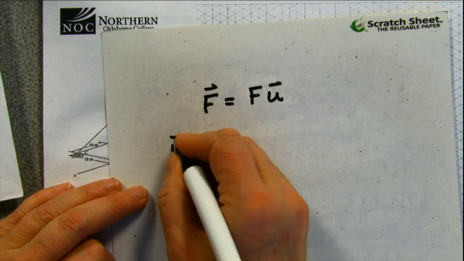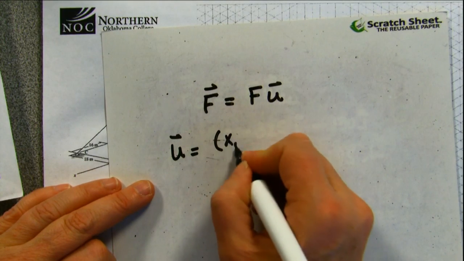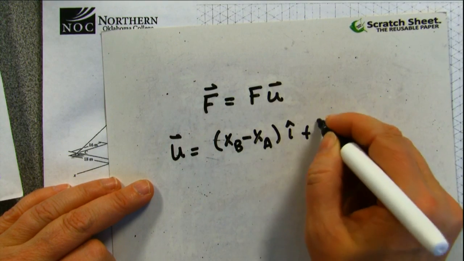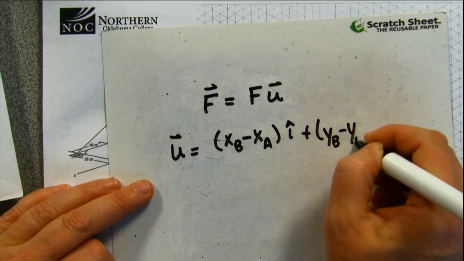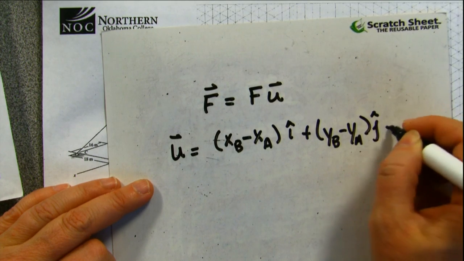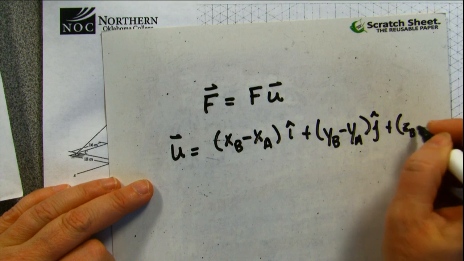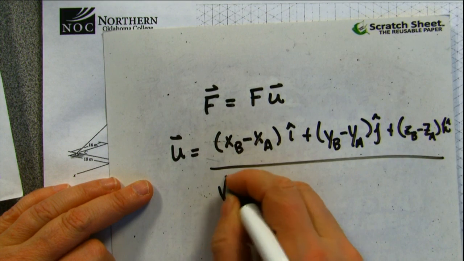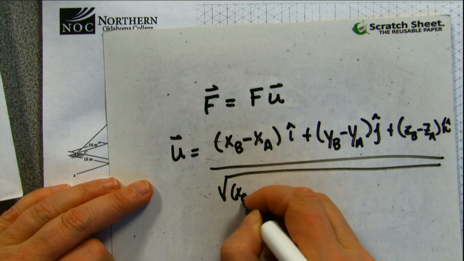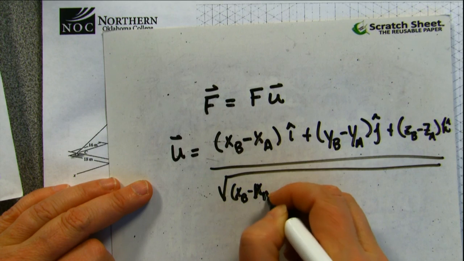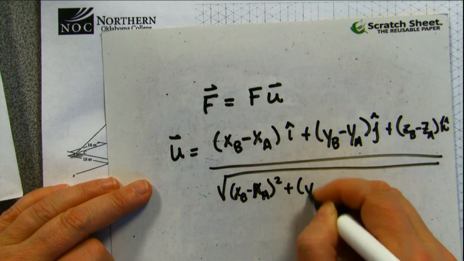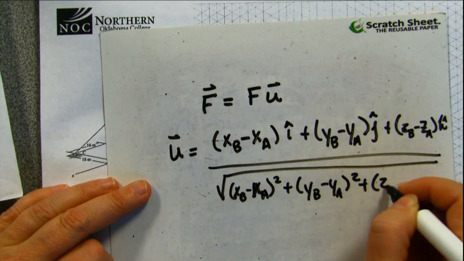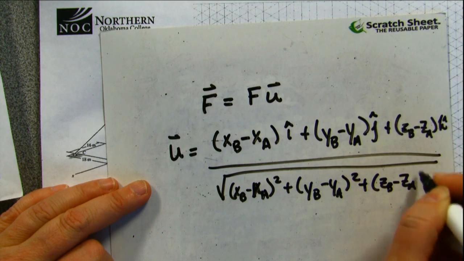And the unit vector in its most gory form is going to be XB, your final position, minus your initial position XA in the I direction, plus YB minus YA in the J direction, plus ZB minus ZA in the K direction, divided by the square root of XB minus XA squared plus YB minus YA squared plus ZB minus ZA squared.